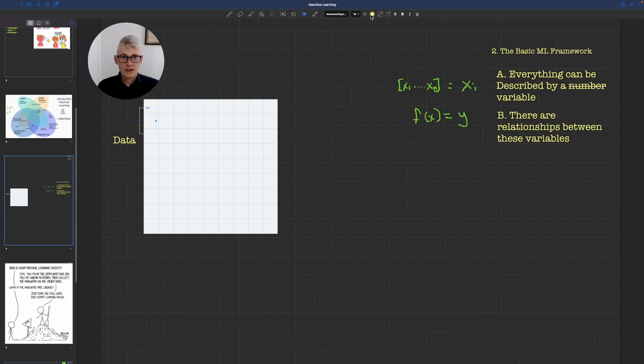We have samples. Another way of saying samples, you might call these observations. It means the same thing. They might be measures, or if they're in time, time points. So those are our rows.